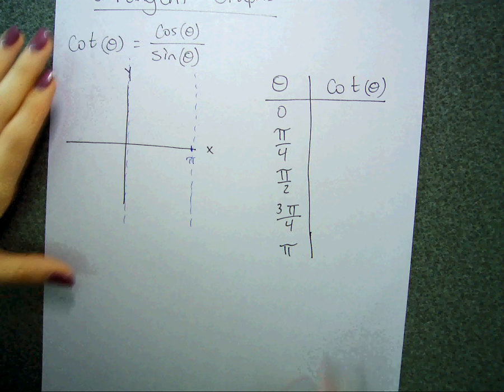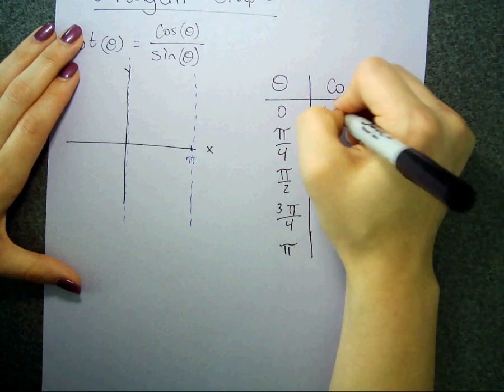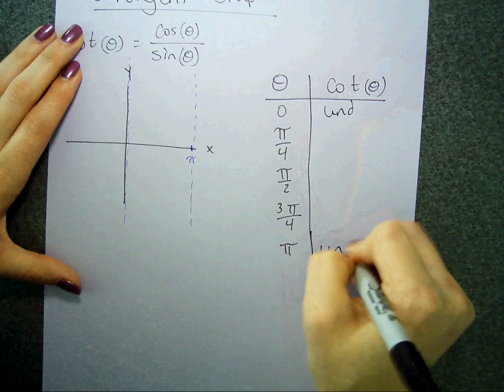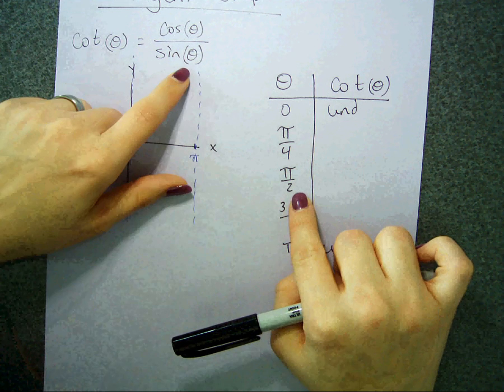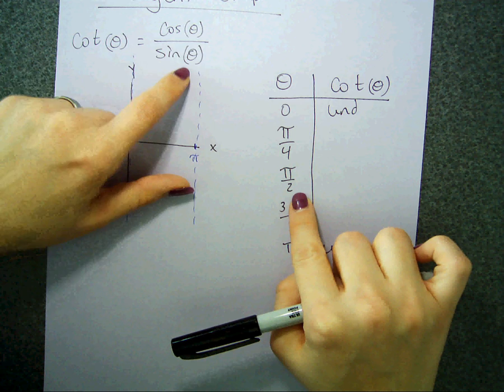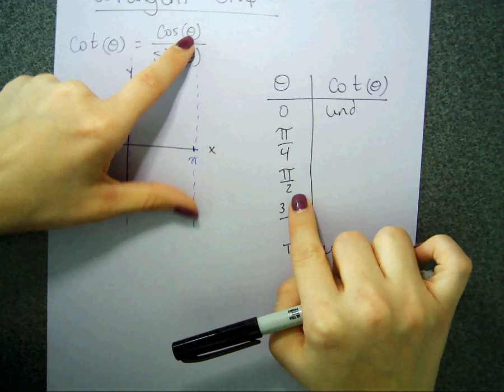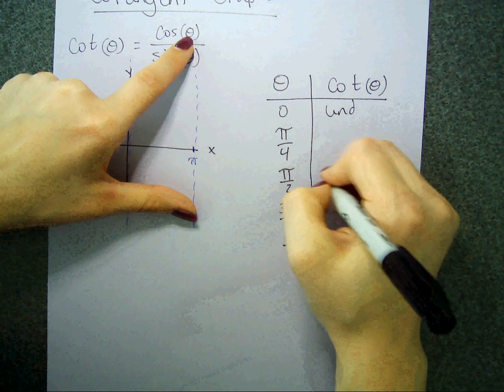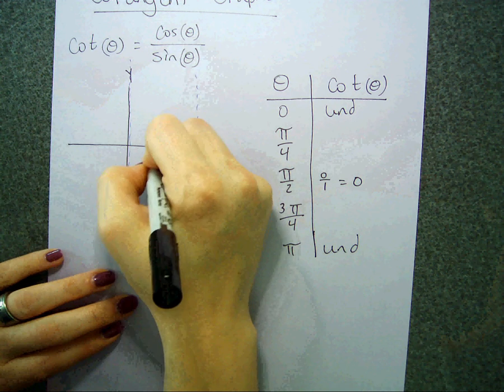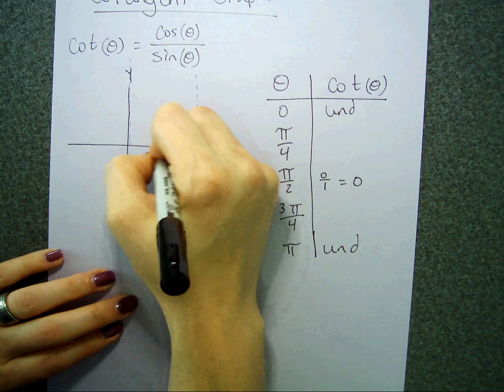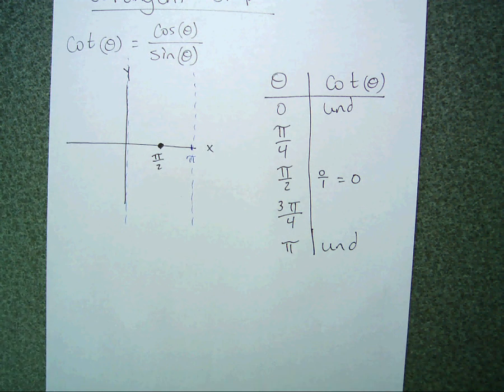I know at 0 and pi, it's undefined. At pi over 2, sine of pi over 2 is 1. Cosine of pi over 2 is 0. So at pi over 2, I have 0 over 1, which is 0. So at pi over 2, the middle of my graph passes through the x-axis, just like tangent did.